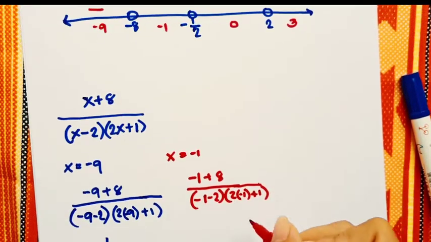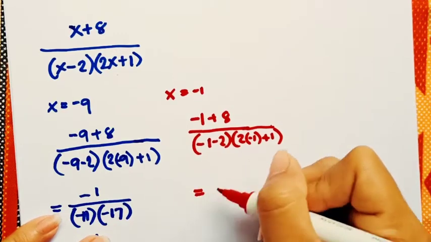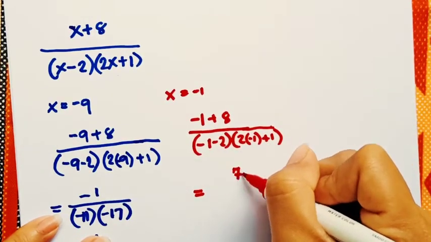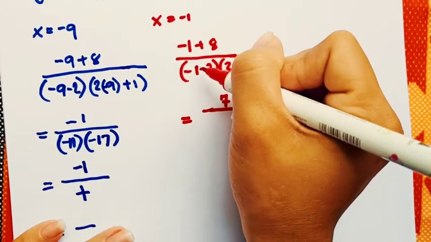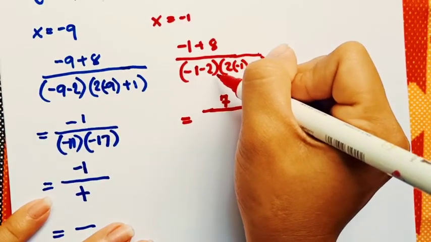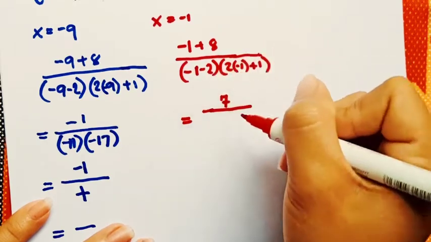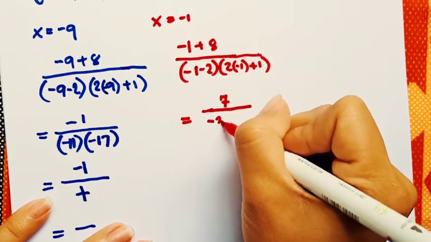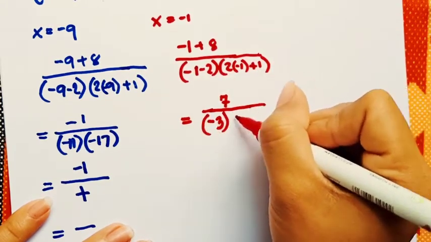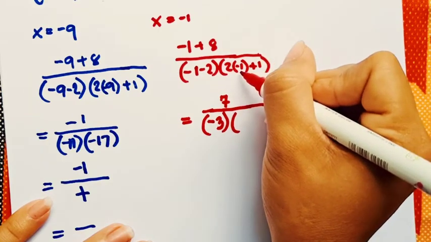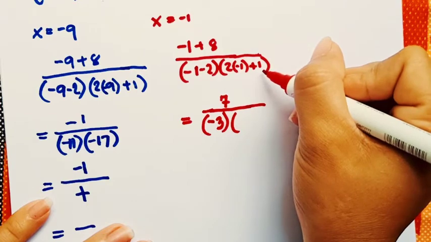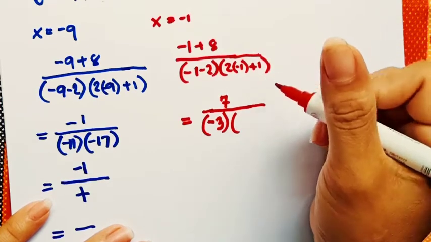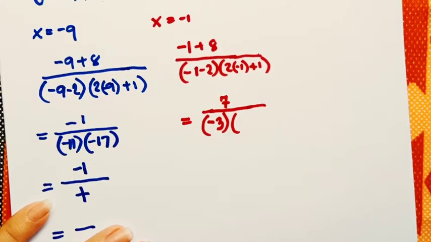So, unsa ni answer diri? This will become 7 over negative 1 minus 2, which is negative 3. Sa pikas, we have 2 times negative 1 is negative 2 plus 1 is negative 1.